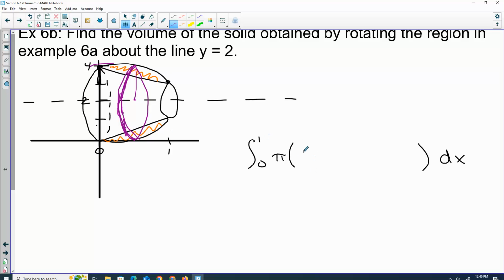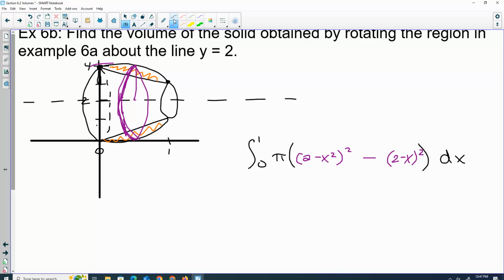So the radius there is 2 minus x squared. So you're starting at 2, subtracting off this instead of the square. And we have to do the radius squared, right? Minus, then we have to subtract off the middle part. So the middle one, 2 minus x squared.